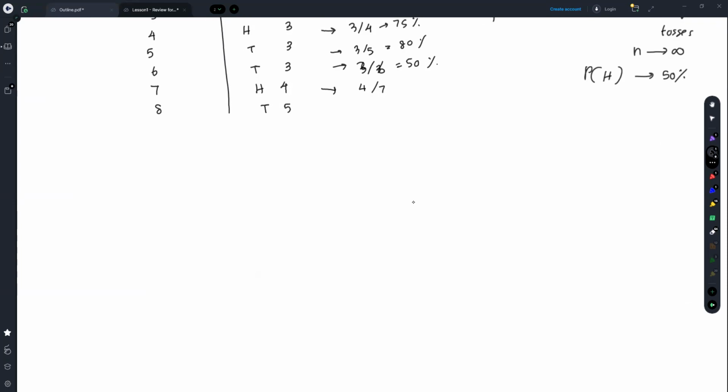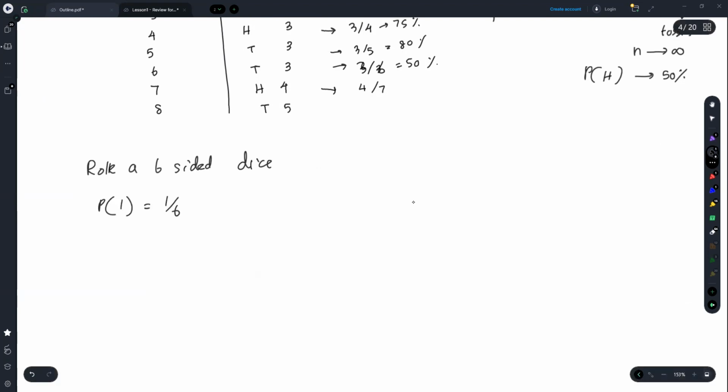In the same manner, if you roll a 6-sided dice, we say the probability of getting 1 is 1 over 6. Why do we say that? There are 6 sides. Getting 1 is 1 out of 6. But again, if you roll the dice 6 times, you can't guarantee that each of these sides will appear exactly once. Even if you roll it 36 times, you can't say 1 appears 6 times, 2 appears 6 times, 3 appears 6 times. Well, it will never happen, right? This is because you have to roll the dice an extremely large number of times.